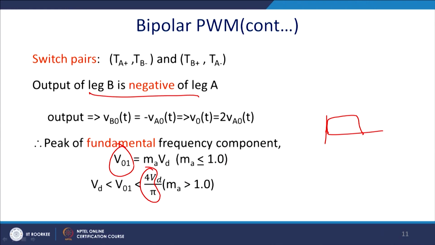For this reason this will be the fundamental voltage for a modulation index well more than 1, and for the half bridge it will be 2 Vm by pi, because the DC link voltage will be half the DC link voltage of the bridge converter.